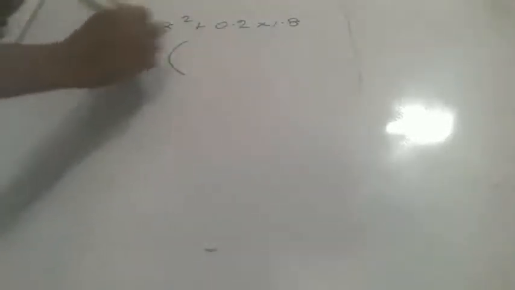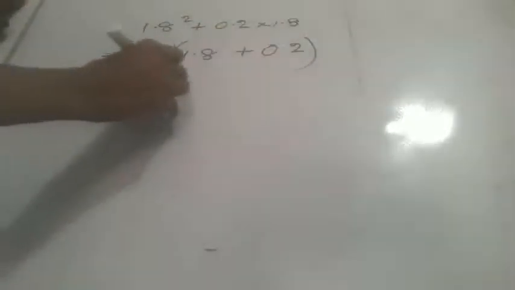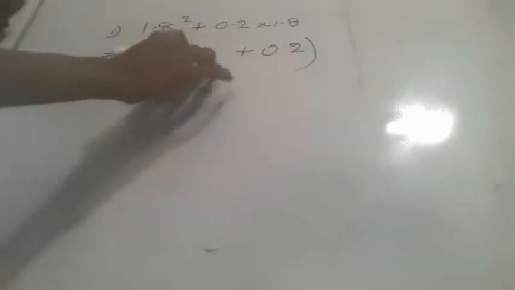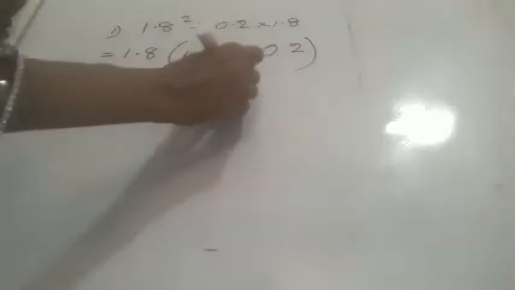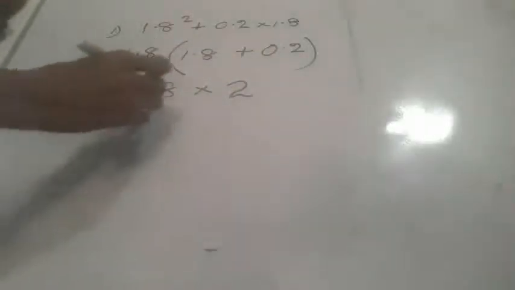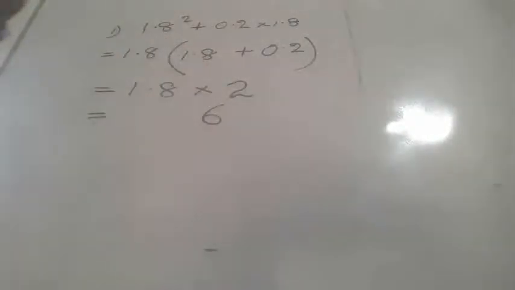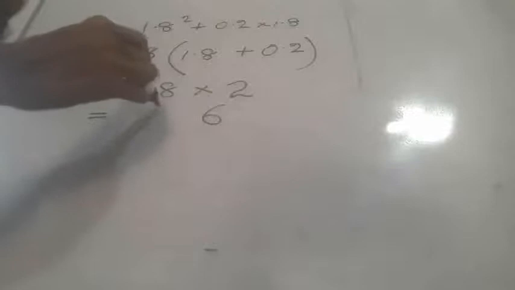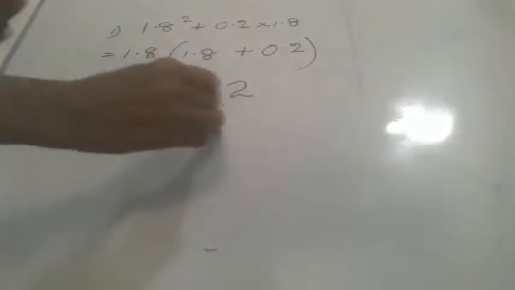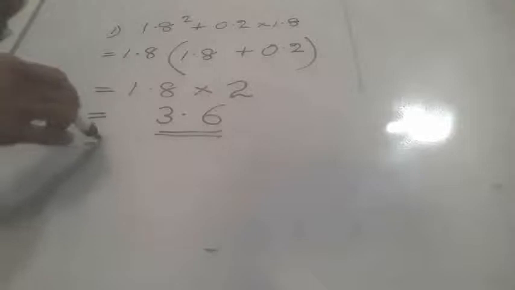We take 1.8 as a common factor. 1.8 times 1.8 plus 0.2 is equal to 2 times 1.8. 2 times 8 is 16. Remaining 1. 2 times 1 is 2 plus 1, 3. 3.6.